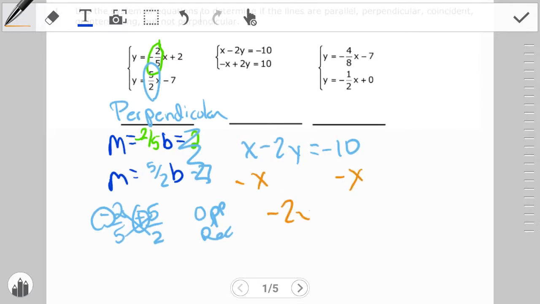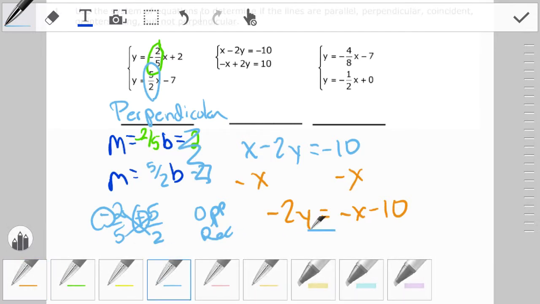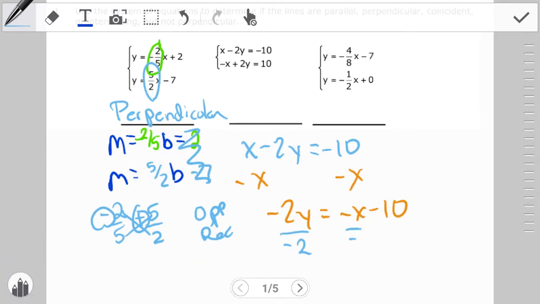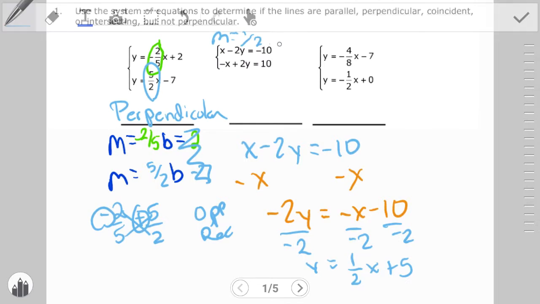So I get -2y equals -x minus 10. And then divide by -2, and we get y equals 1/2 x plus 5. That's the first one. So my slope here equals 1/2, and my y-intercept b equals 5.